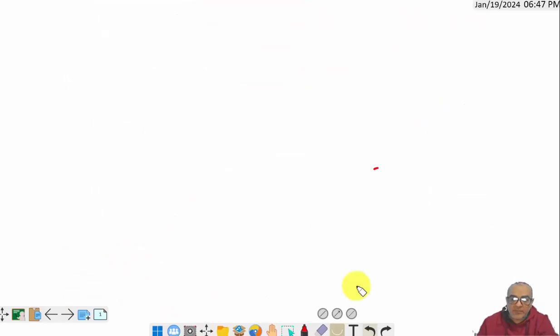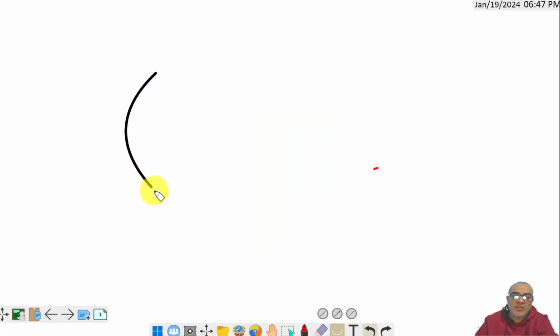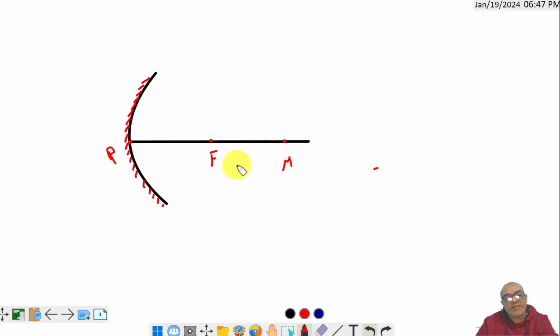Let's go to the mirror here. If we draw the mirror like this, it is a concave mirror, and the non-reflecting surface is shown in red like this. We said this is the pole and this is the principal axis. In the middle of the principal axis we find the focus, and at the same distance is the center of curvature, and here is the pole.